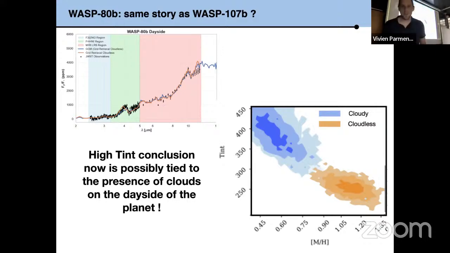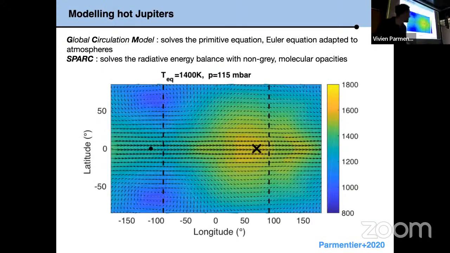One example of the complexity is I asked my student, Michelle Meta, with this picture just after, to run this global circulation model. So there's 3D models solving the primitive equation, the radiative transfer, they predict, this is the usual things they predict, the jet at the equator, the hotspot could be at a substellar point because the tidal lock is shifted eastward. Okay? And the night side is colder than the day side, it's latitude, longitude.